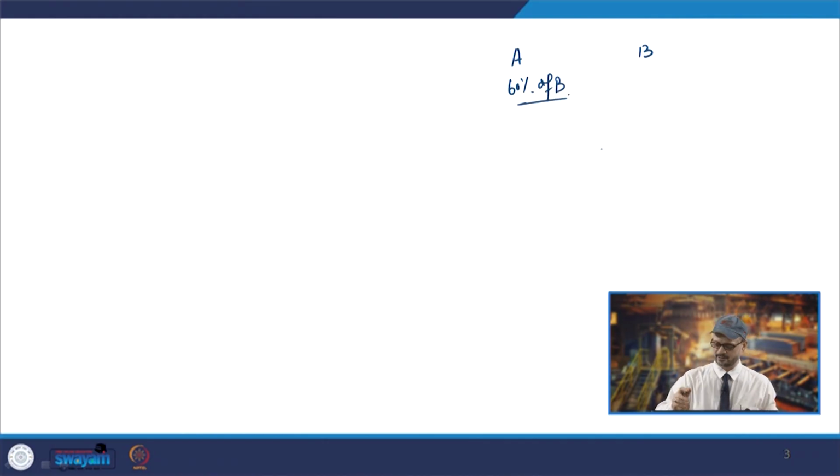They took two cases, one was A and another was B, and A was 60% of B in size. They varied the flow rates in the two cases, and B was larger.